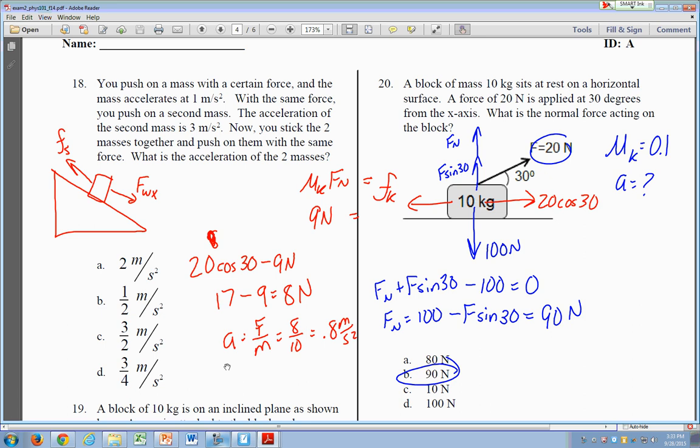You won't see this on your test, but it could have been that this force is actually smaller than the kinetic frictional force, in which case kinetic friction wouldn't function there, it would be static friction. Because this force has to be bigger than this force in order for it to move. And you have to have motion in order for kinetic friction to be relevant.